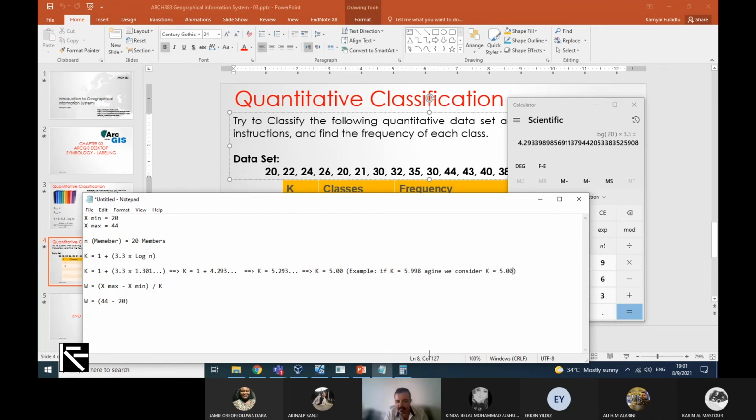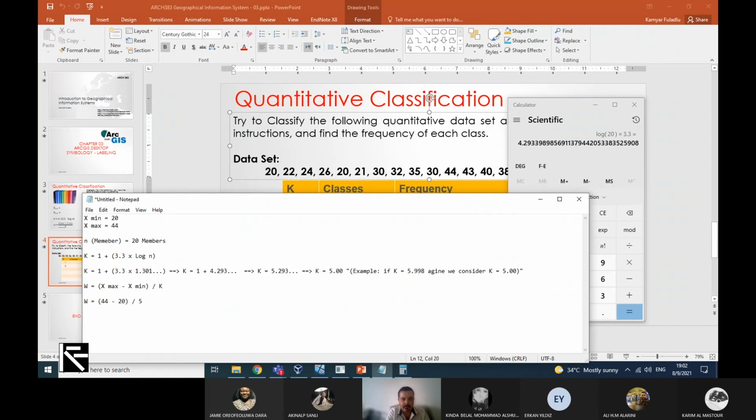It means that we just keep the first digit. The rest is not important for us. If it is 5.998, again it is 5. If it is 5.293, again it is 5. This is just a note. I'm putting it as an example here. So I need to now divide 44 minus 20 by 5.